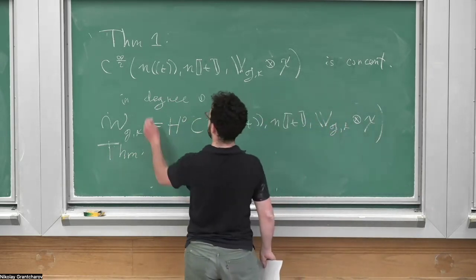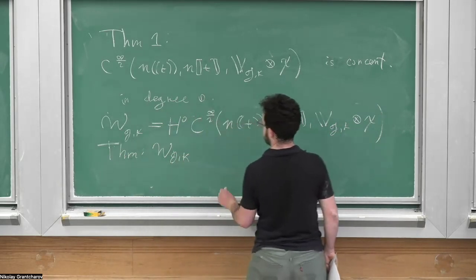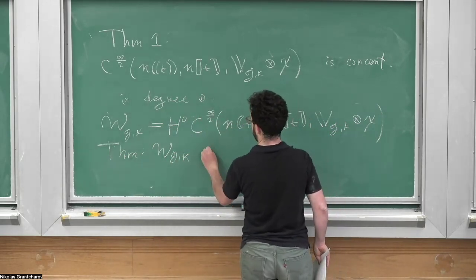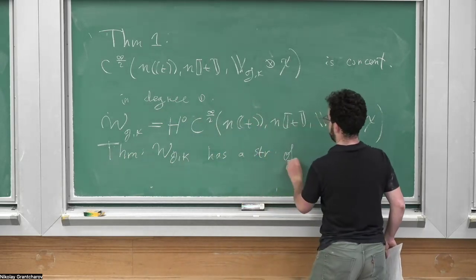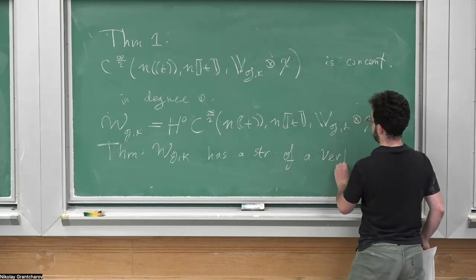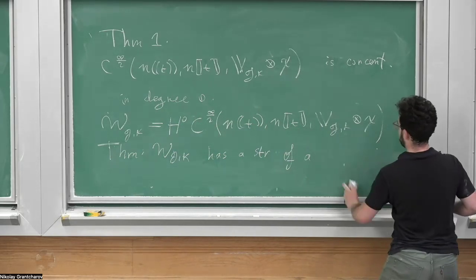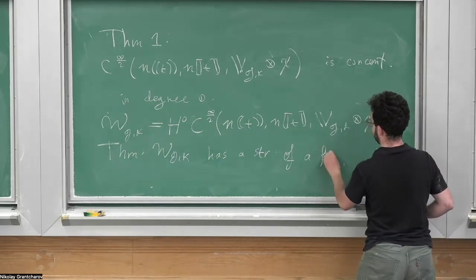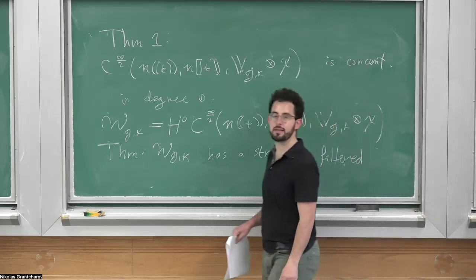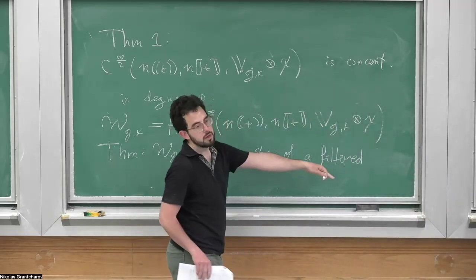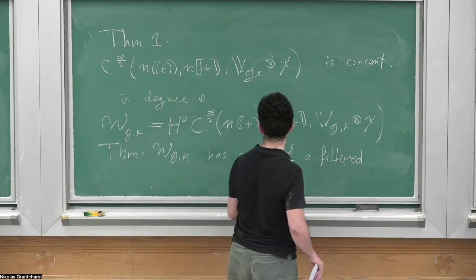Our analog of associative algebras in this case has a structure of a vertex algebra, a structure of a filtered algebra, even though this is not really something additional because every vertex algebra in our definition will have this filtration.